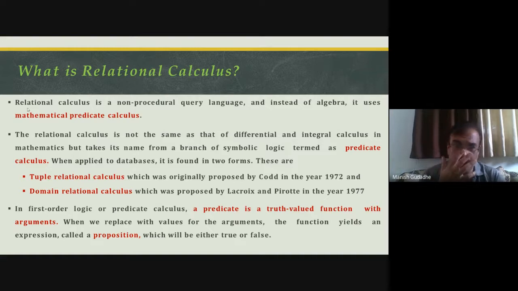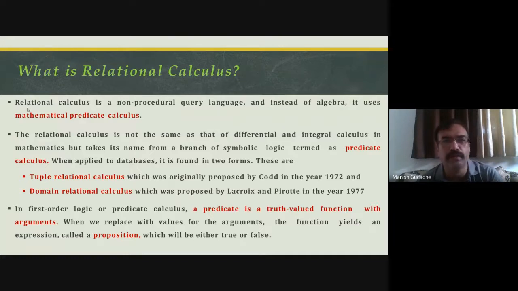The same we are doing in other query languages also, but yes, it's a mathematical predicate calculus, which is a non-procedural query language. Overall relational calculus I am talking about, and it is not like the previous algebraic or integral or differential calculus we have seen, but it is again a representation in the symbolic language.